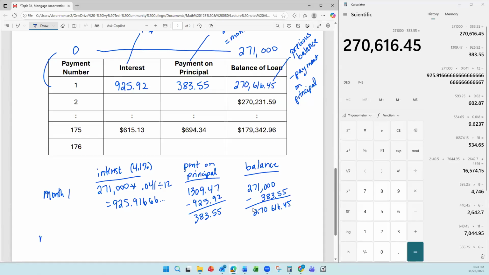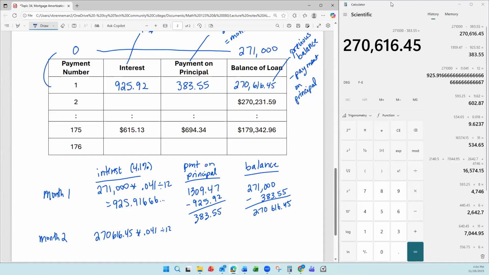So for month 2, I'm doing the same process. I'm just now using the 270,616.45 instead of the 271,000. So 270,616.45 times 0.041 divided by 12. Don't take the 0.041 divided by 12, calculate that, write it, and use a rounded result.